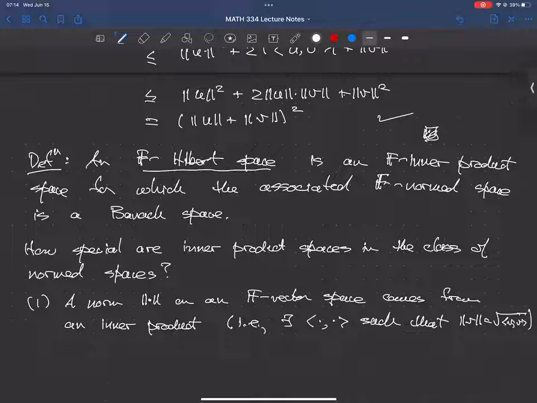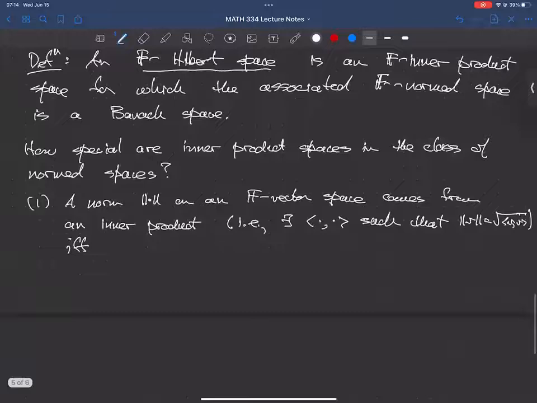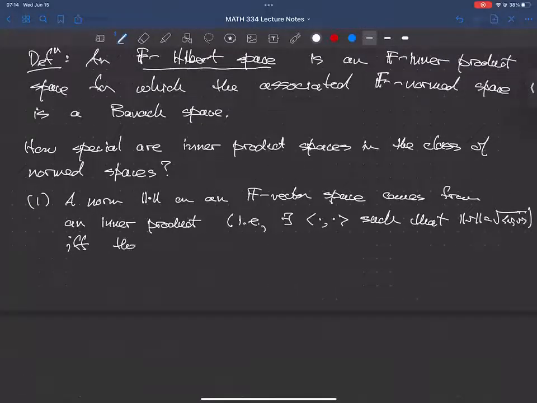Okay. If and only if. Okay, there's a simple verification that you can make to test whether a norm comes from an inner product, and it's called the parallelogram law. And the parallelogram law reads like this.